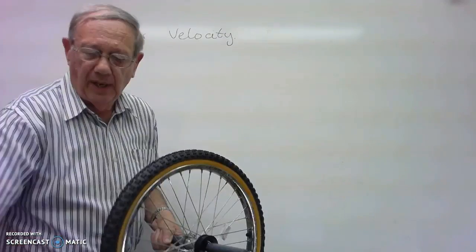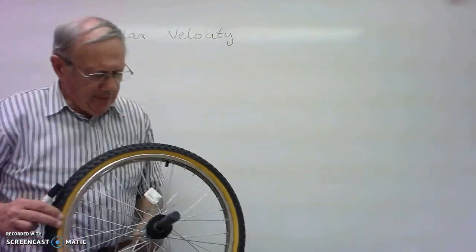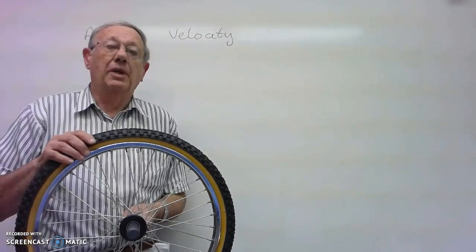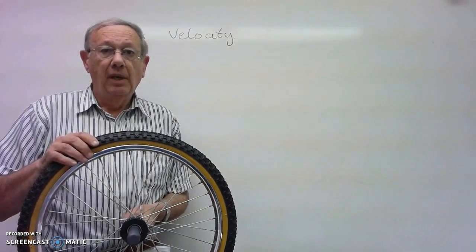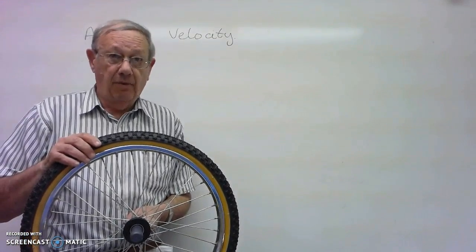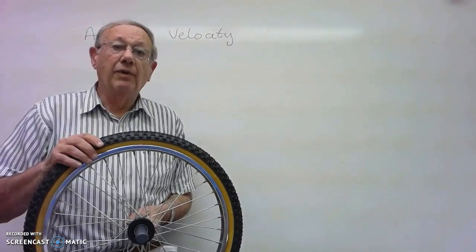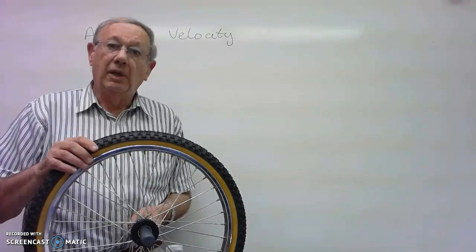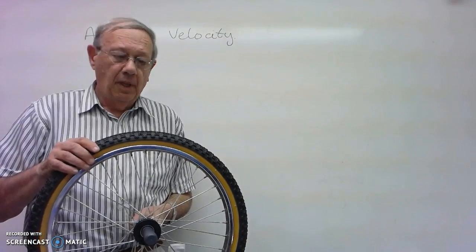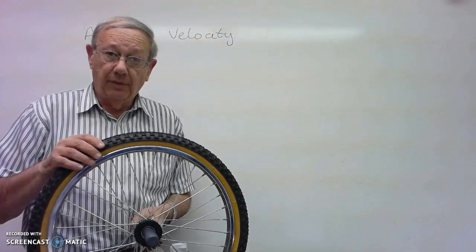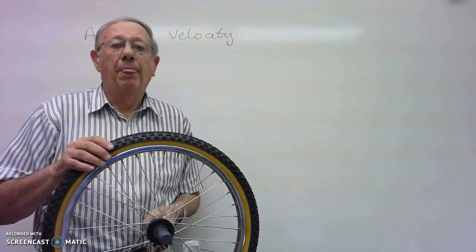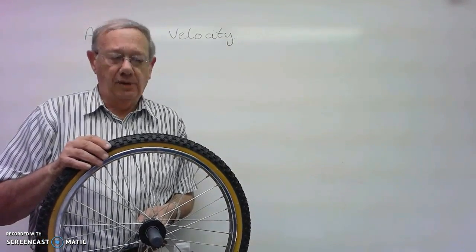Now when we're looking at that, one of the reasons why we go with radians when it comes to circular motion is that if we know the number of radians, it is very, very easy to work out two things: the displacement, the distance travelled, and how fast it's going. In other words, the instantaneous velocity.